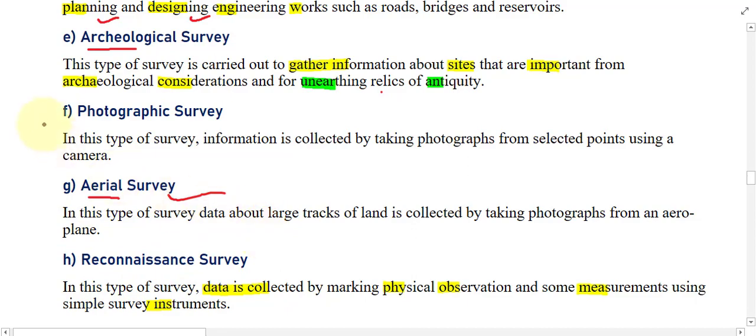These are basically the same, the only difference is that one is done on the earth surface and the other is done in space, with the help of aeroplanes, hot air balloons, or birds like pigeons.